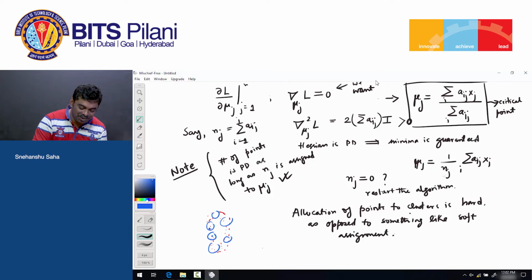But since these two points are geometrically close to each other, what it can potentially do is pick a cluster like this, based on the fact that both of these points are close enough to the mean of the cluster compared to the other points. But ideally speaking, that's a wrong assignment. This is wrong.